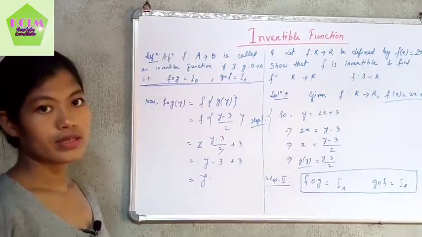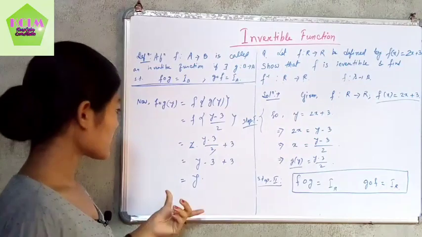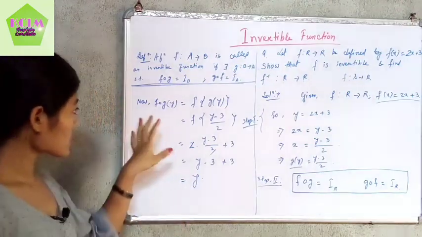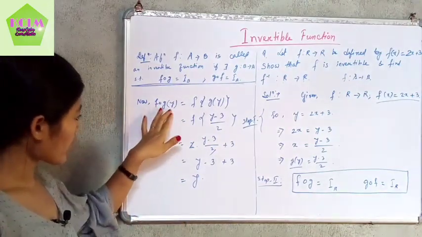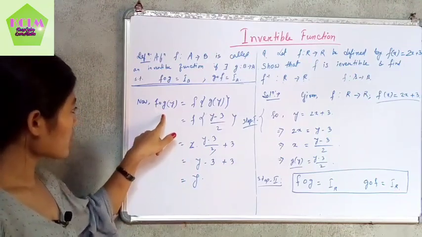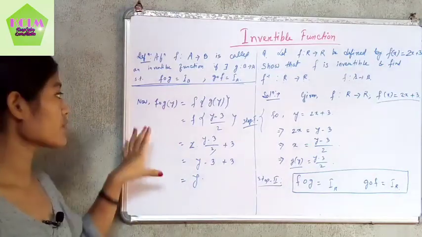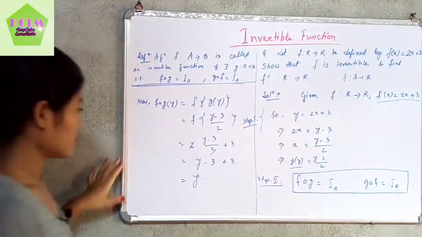We all know, from my last videos, I have told you what an identity map is. Since f o g of y equals y, that means the composite function of this element is nothing but that element itself. So this function is an identity function.